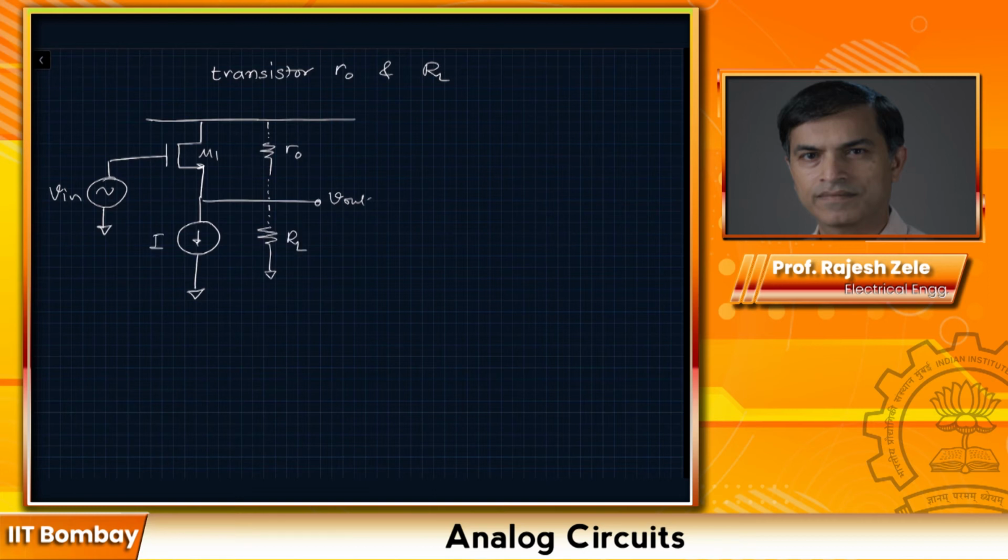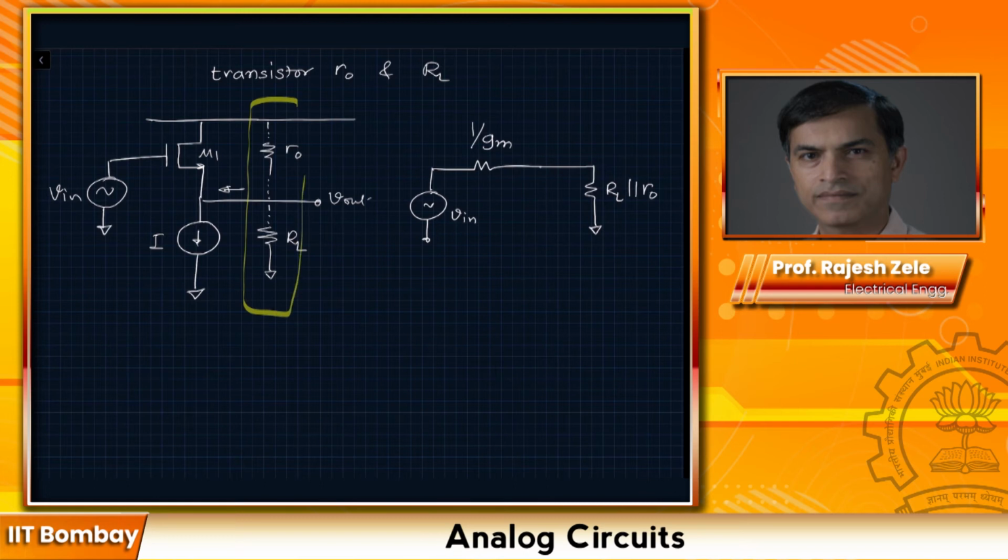Compared to our previous model, we can use our Thevenin equivalent looking back into this circuit, which gives V in and 1 over GM of the transistor. Along with it, the load is going to look like RL in parallel with R out, which show up over here.